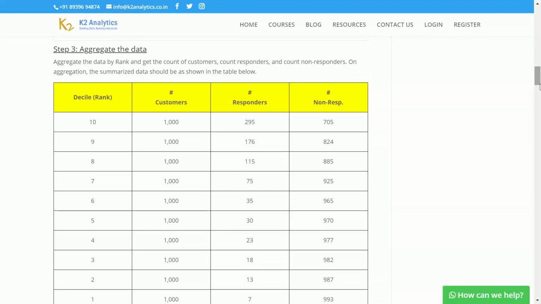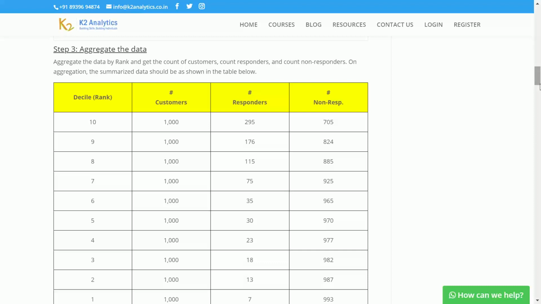At a rank level, we will aggregate and see how many customers are there in each decile, and approximately 10% of the customers will be there in each of the buckets because we have done deciling. And how many responders? I'm using the word responders for convenience. Here I'm assuming I'm doing a rank ordering using a marketing model.